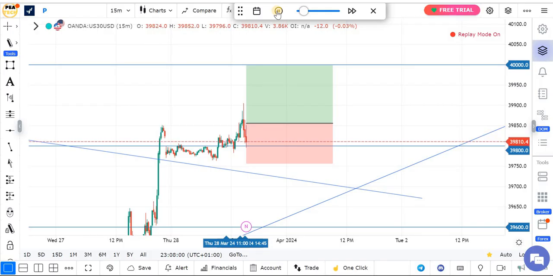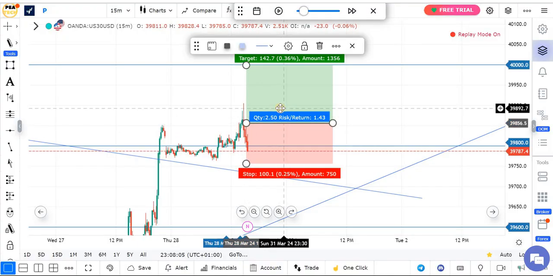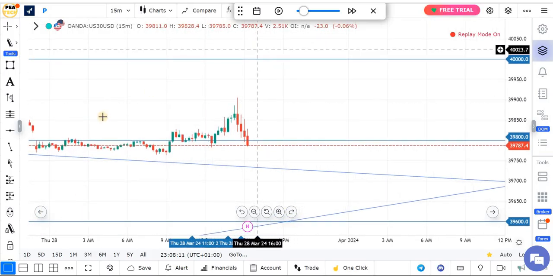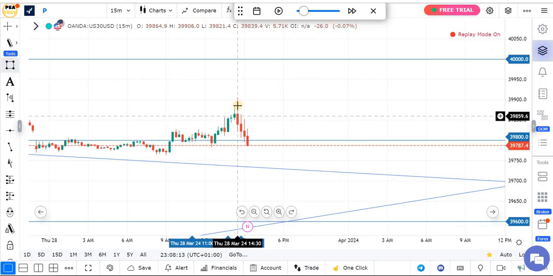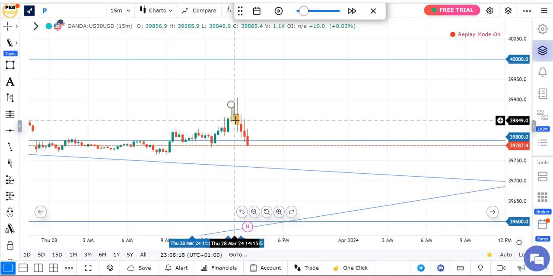And you see that immediately, the trade started coming down. Another thing I want you to take note of is when you see rejection like this, right? You see this green candle.